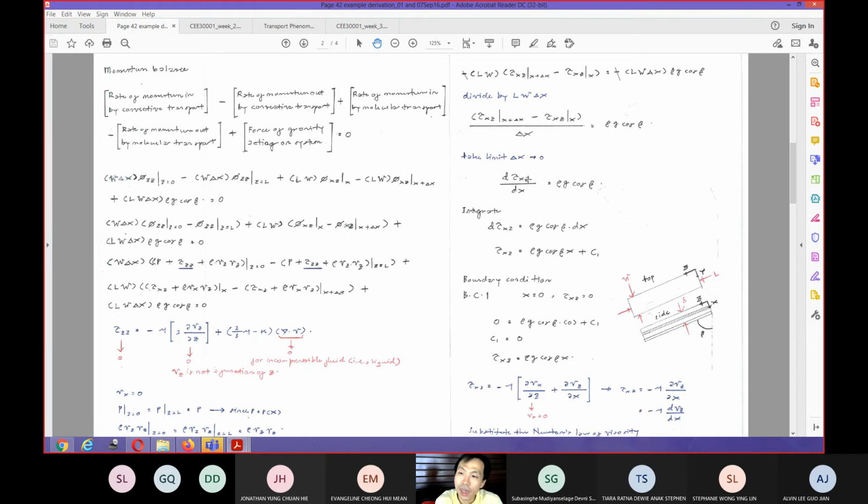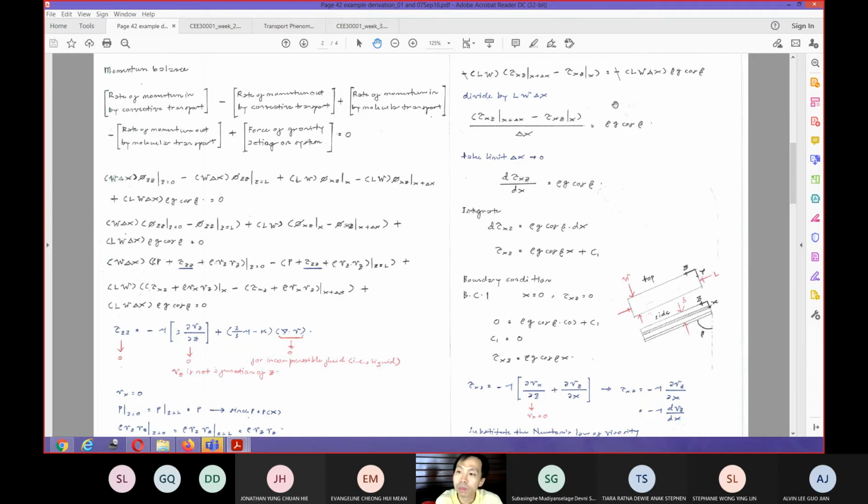The second subscript in here represents the direction of your momentum. Yep, correct, Sarina. The direction of your momentum transport is the first subscript, so it's x.